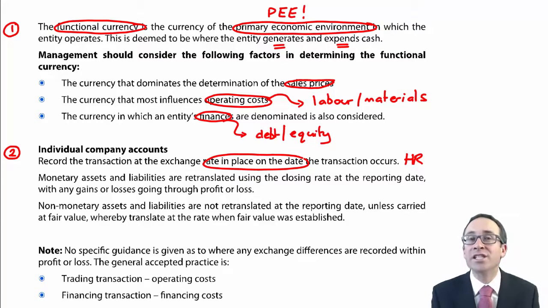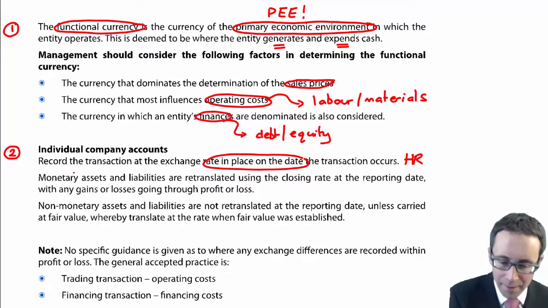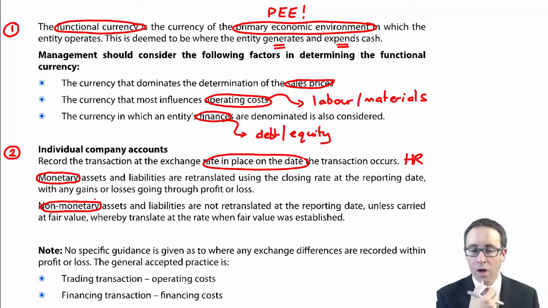It's not rocket science. The next bit is a little bit more of a challenge, because what we then need to do is go through our full statement of financial position and look at the assets and liabilities and determine whether or not they are monetary or non-monetary, because the subsequent accounting treatment is different for monetary and non-monetary items.